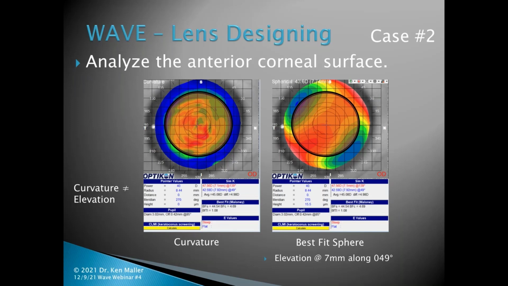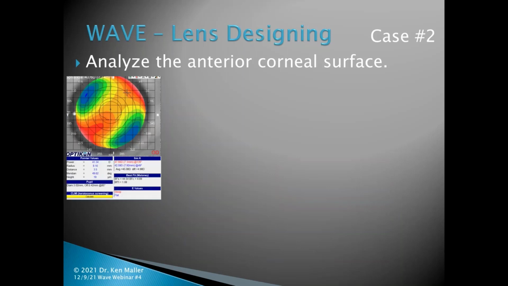So the elevation at the 7 millimeter chord along the 49 degree meridian there, as well as that depression going along the 7 millimeter chord at the 139. And so those are the two principal meridians on this, and it's obviously a very toric surface. So let's take a little closer look at that and see what we have here.